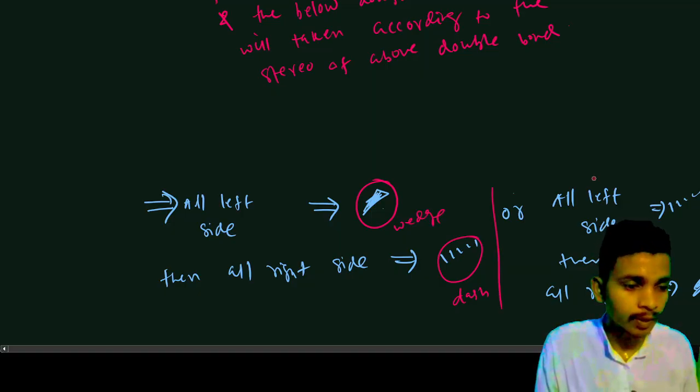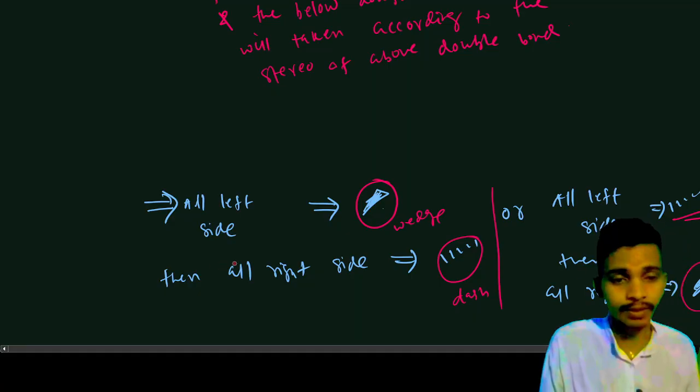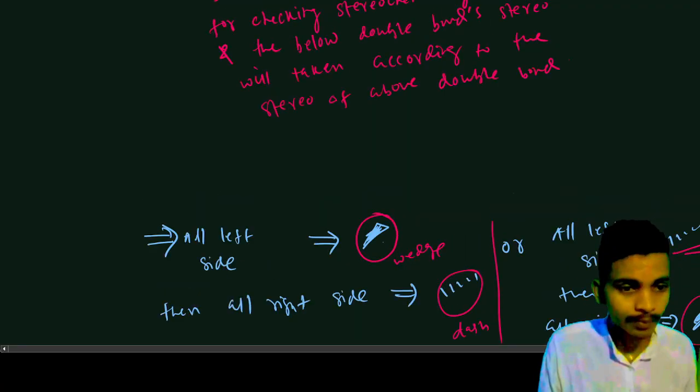Or if you consider all left sides by dash, then all right sides you have to consider by wedge. So that is what we have to keep in mind.